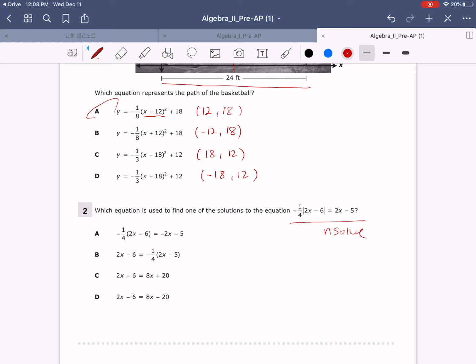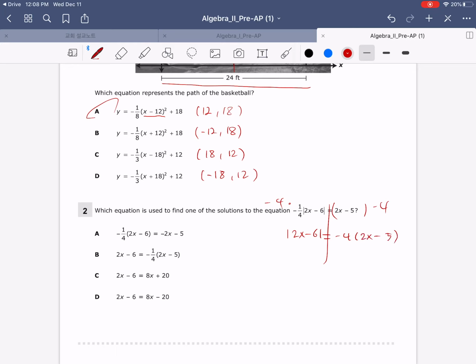That's one thing you can actually do. But again, if you're in my class, you should know how to solve this question by hand. First, let's get rid of this negative 1/4. So you have to multiply both sides by negative 4, which will give you the absolute value of 2x minus 6 is equal to negative 4 times (2x minus 5).